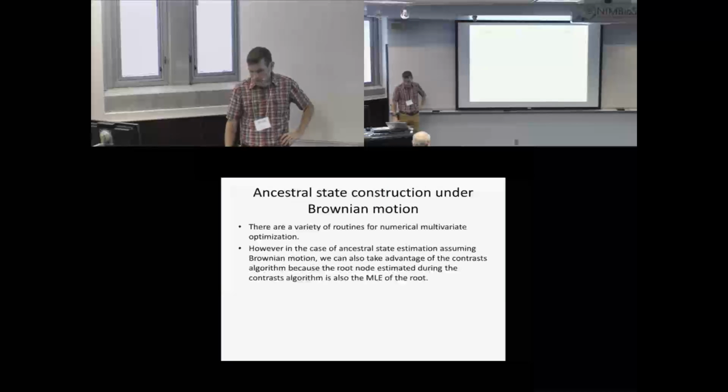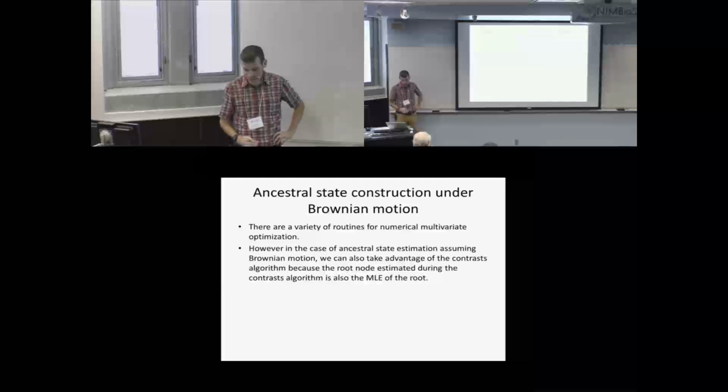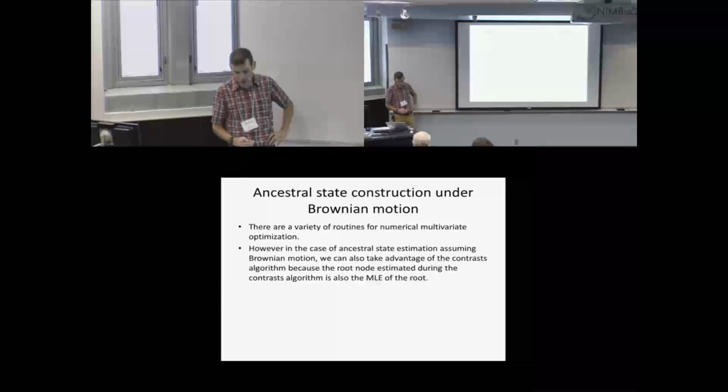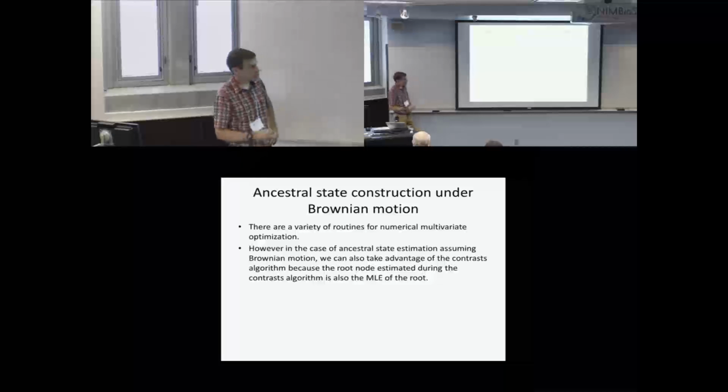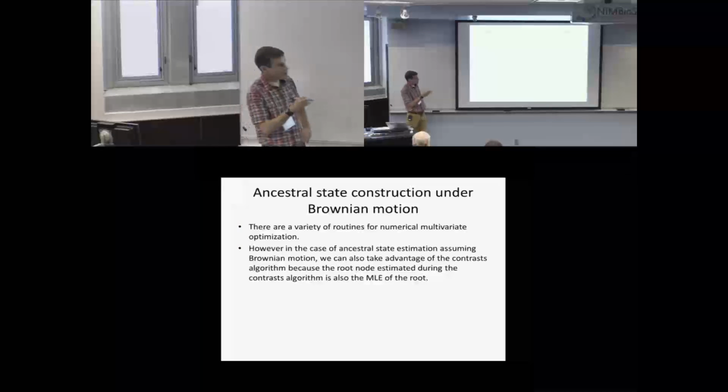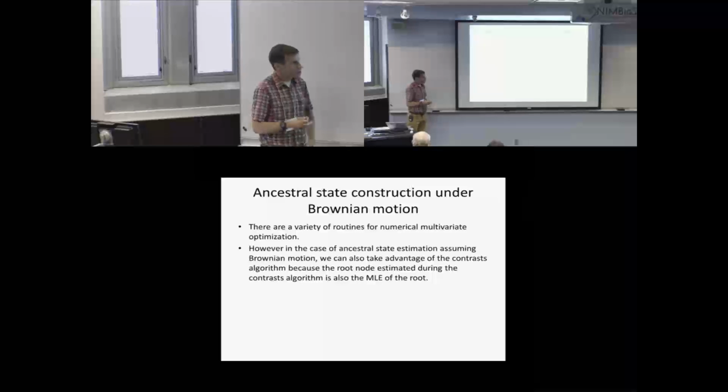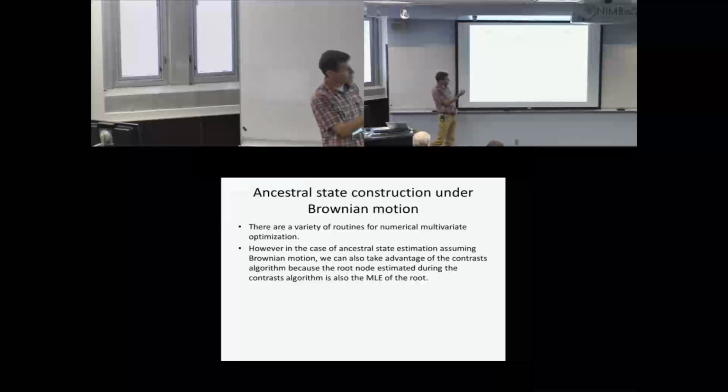In fact, for the case of ancestral state estimation assuming Brownian motion, we can also take advantage of the contrast algorithm, because the root node value estimated during the contrast algorithm, as we do our post-order tree traversal, actually corresponds with the maximum likelihood estimate of the root.